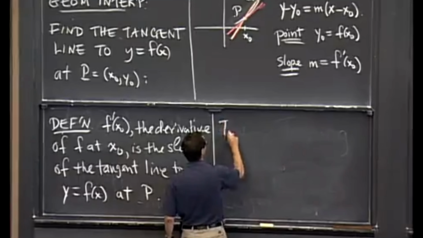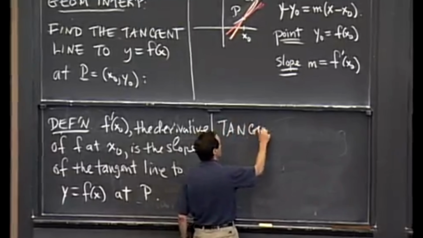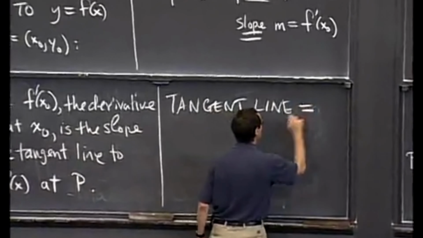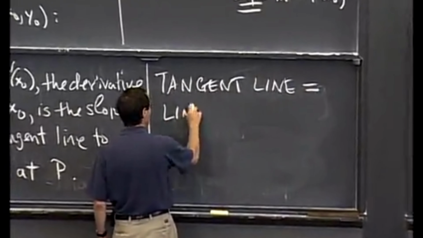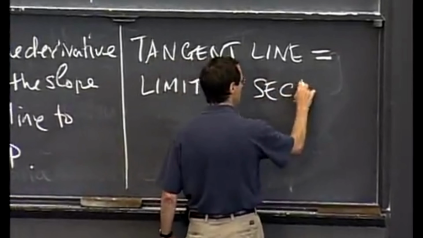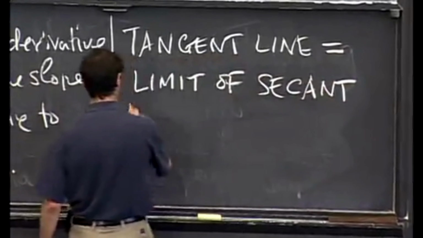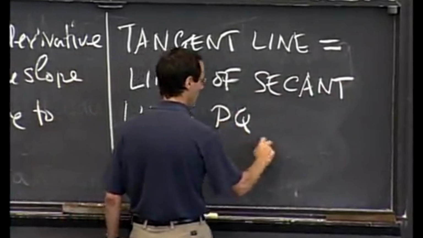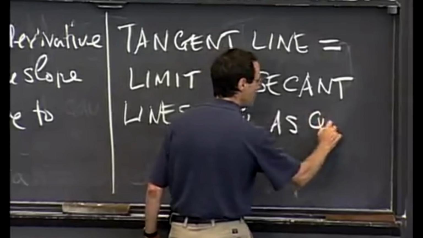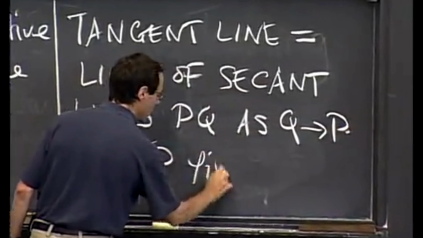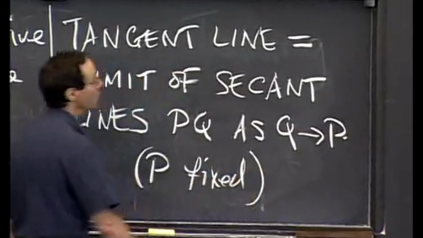So the tangent line is equal to the limit of the so-called secant lines PQ, as Q tends to P. And here we're thinking of P as being fixed and Q as varying.